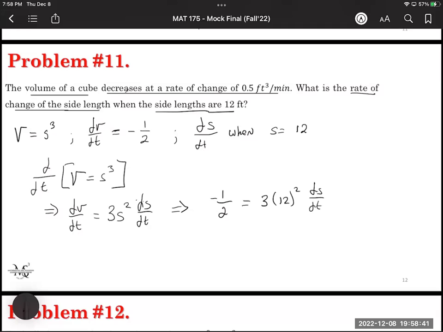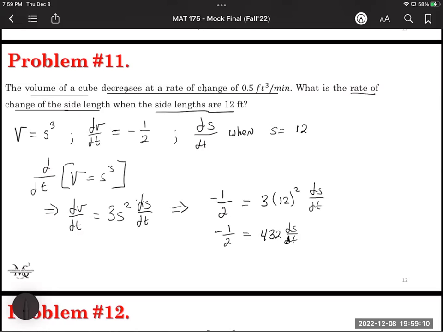All right, what's 12 squared? 144. Now, if I take 144 times 3, that's going to be equal to what? 432. So we have 432 ds dt.